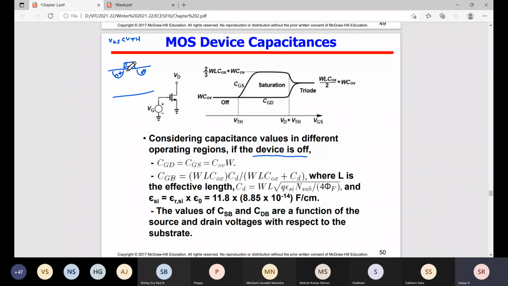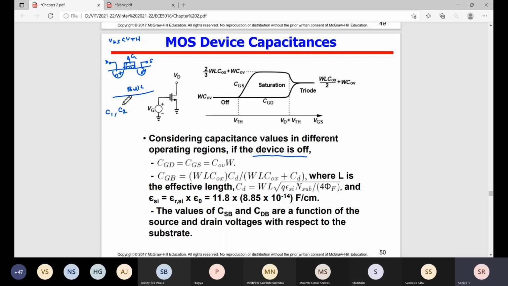Anyone can answer: whatever capacitance might be there. First, whether C1, C2 are there, that means gate to bulk. Any capacitance there? C1 is present, sir, the oxide capacitance. C1, C2: so gate to bulk, C1 will be there, and C2 will be there.